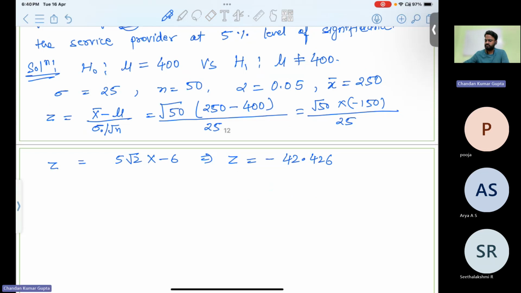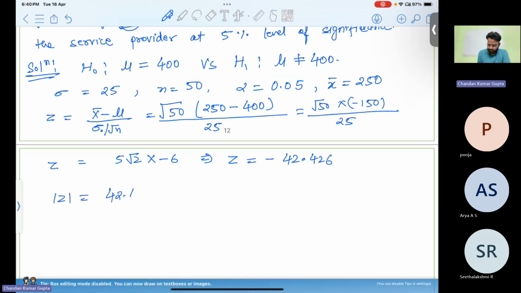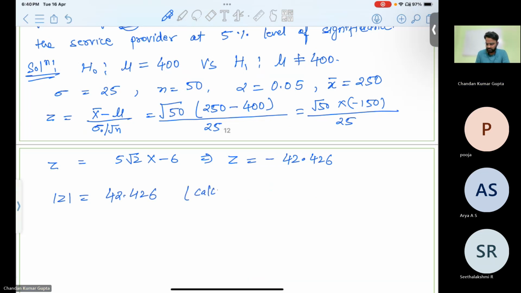The modulus value of z will be 42.426. This is our calculated value. Okay, calculated z is like this.